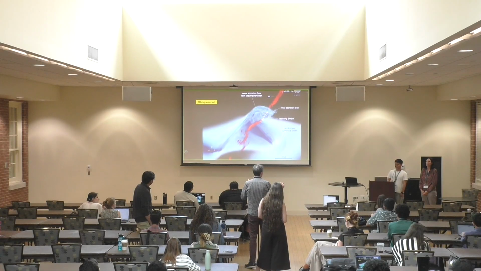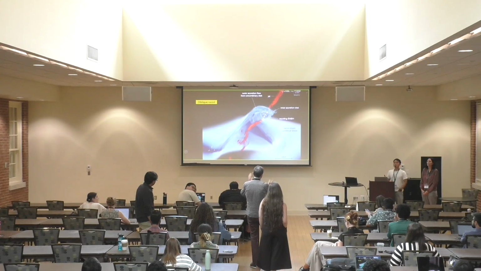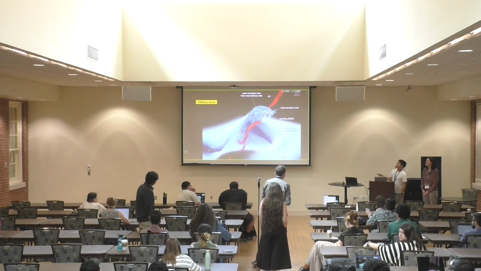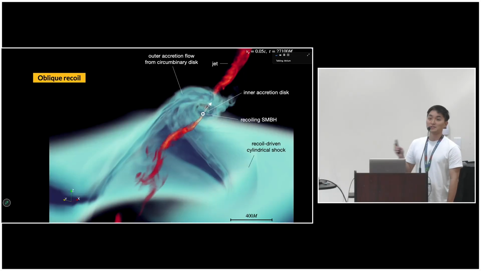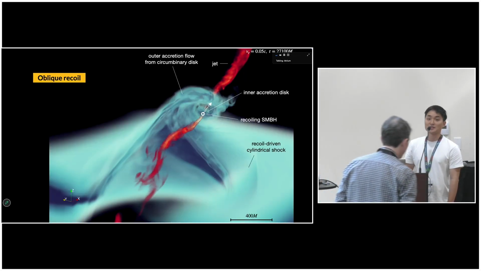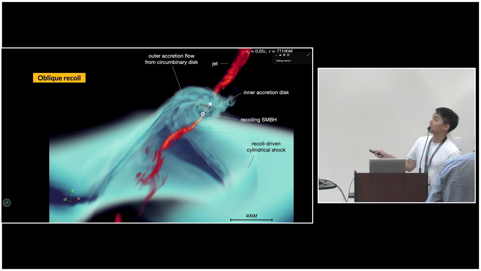And in the opposite direction, I would assume pressure gradients would be in the system. So I was just wondering, what is aligning the jet here if it's not the black hole spin? If you look very close to the black hole, it's being launched along the spin axis, but it's steered by the angular momentum of the accretion disk here. So it's actually aligned with the global angular momentum of the accretion flow.